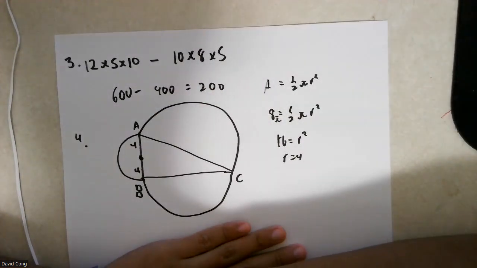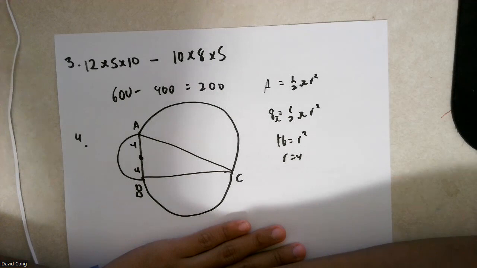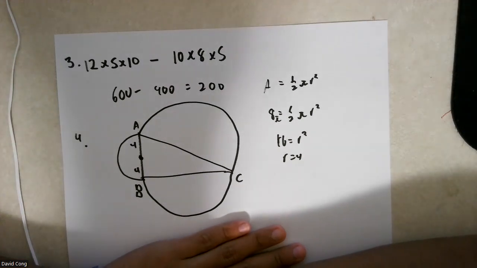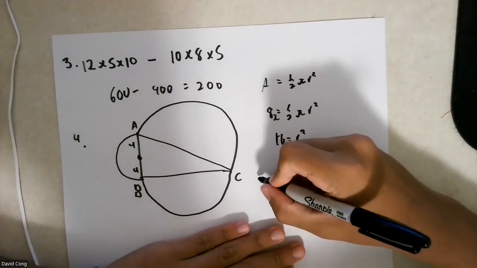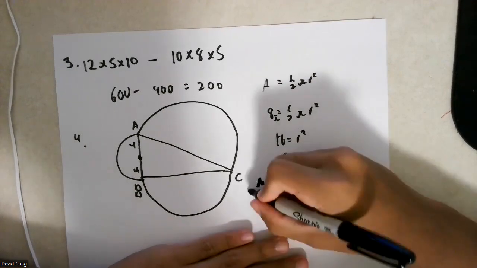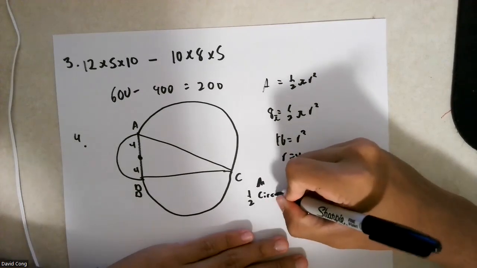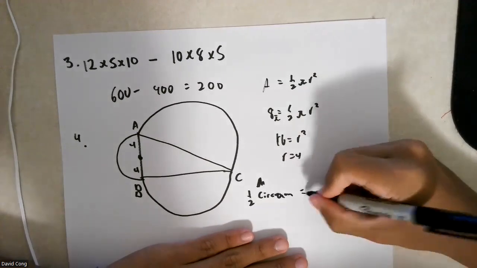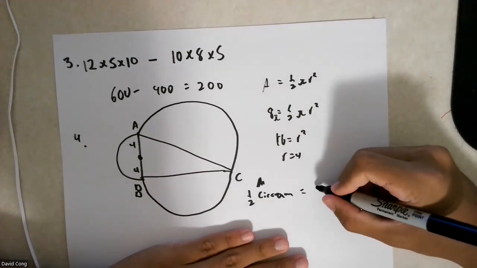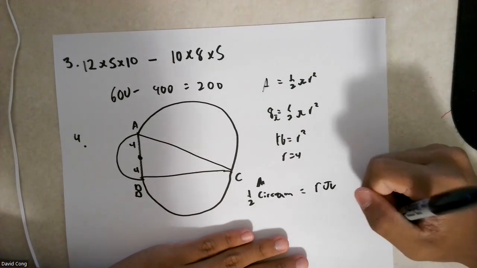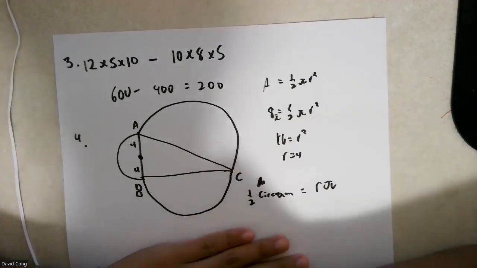Okay, the arc of semicircle AC has length 8.5 pi. What is the arc? Well, the arc is half the circumference, so it's equal to r pi, because the full circumference is 2 pi r.